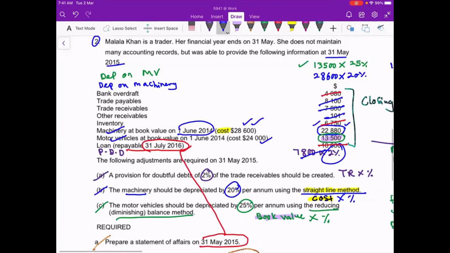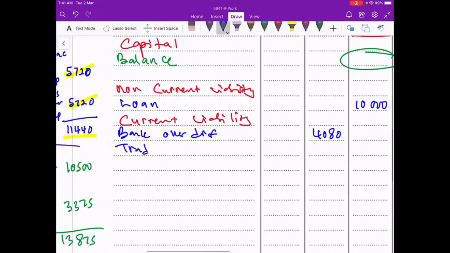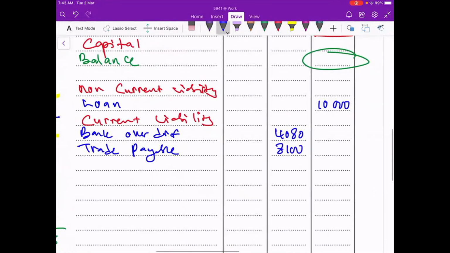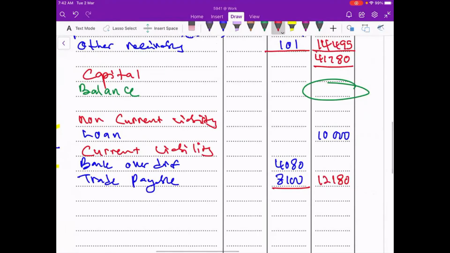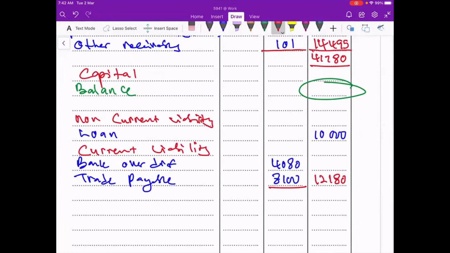Yes, trade payable. Trade payable is also my current liability. It is 8,100. So now we total up the current liability. The total current liability is 12,180.